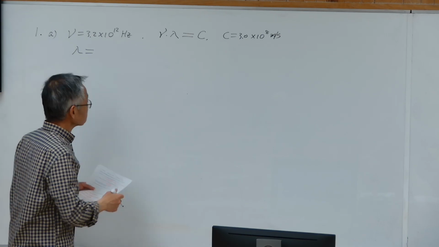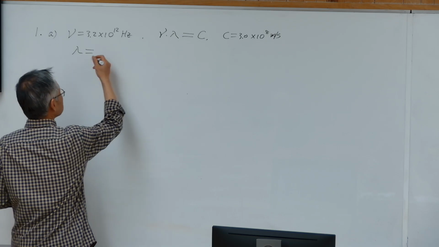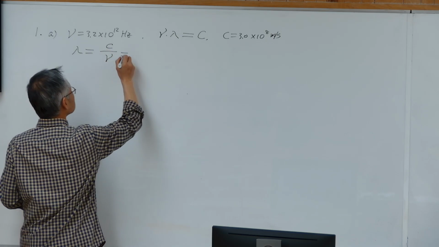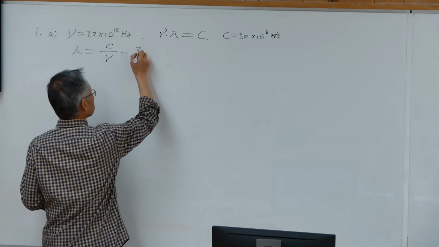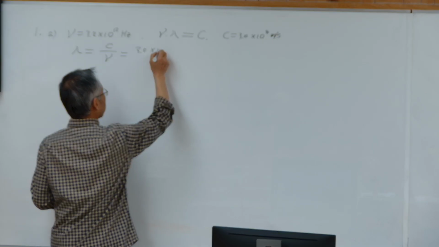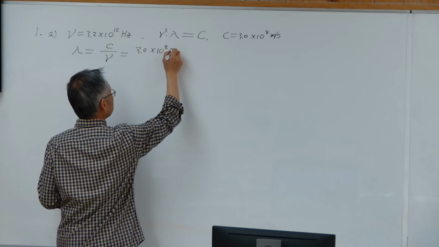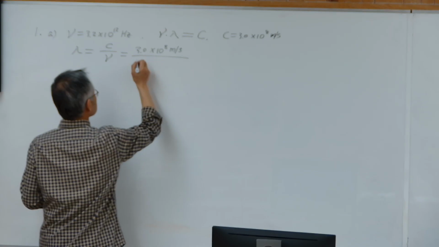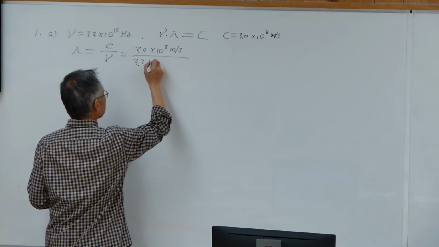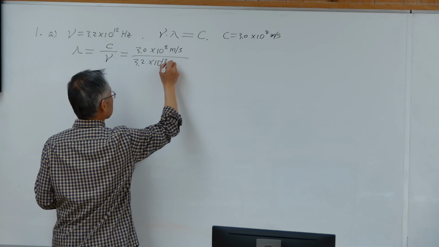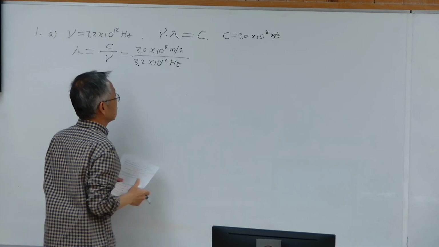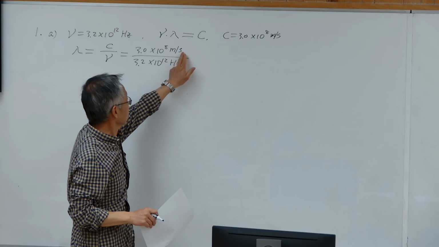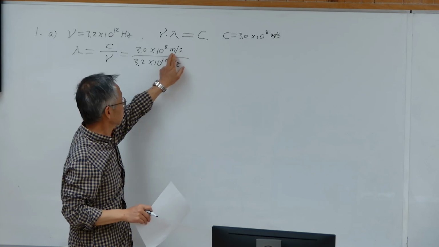So clearly wavelength equals c divided by frequency. c is 3 times 10 to the 8th power meter per second, and the frequency is 3.2 times 10 to the 12th power hertz. Hertz actually means per second, so cancel the per second, leftover meter.